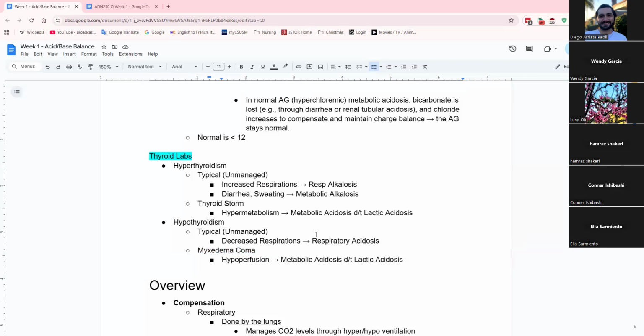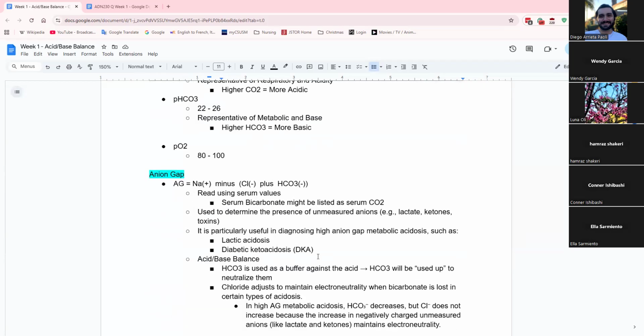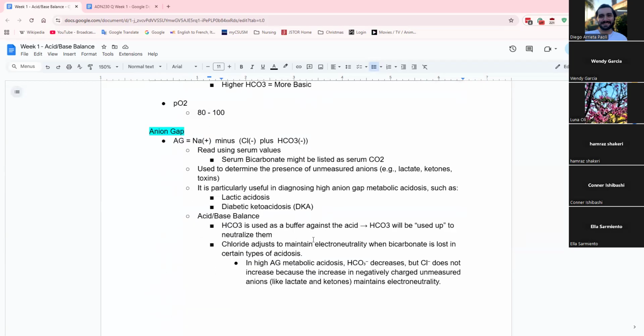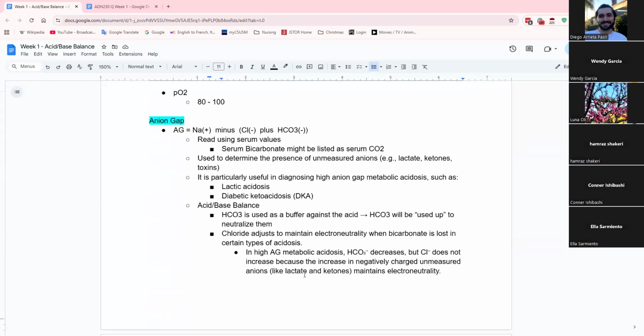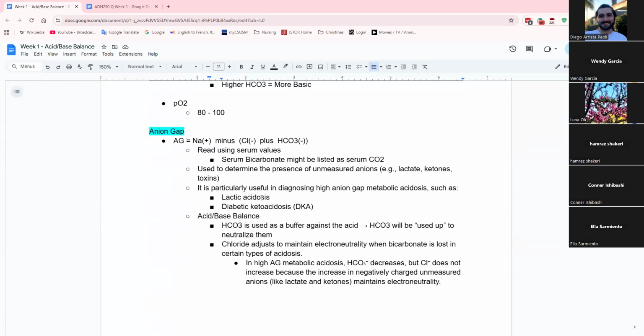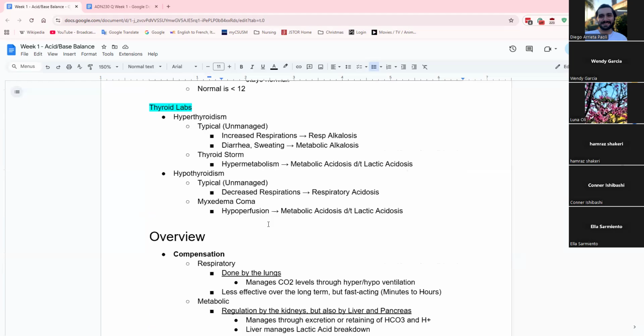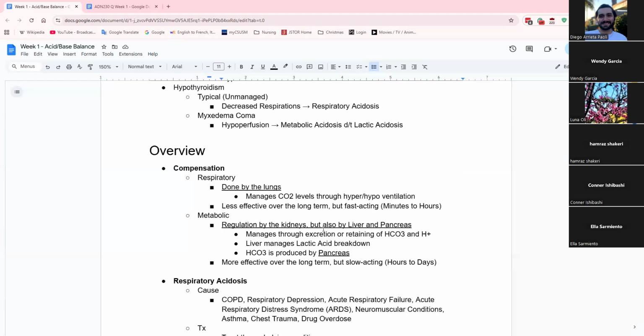So those are examples of how you can have acid-base imbalance due to thyroid issues, and due to diabetic ketoacidosis. Lactic acidosis can also come from shock and certain organ damage, including liver damage, pancreatic damage, kidney issues. But we'll talk more about that here with the overview.